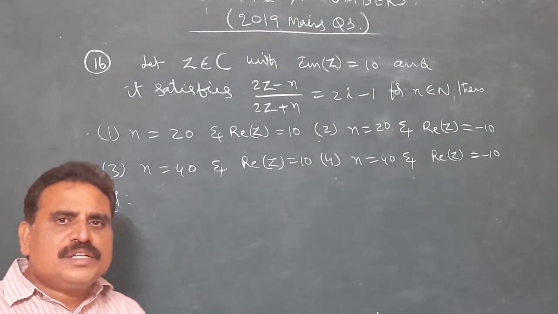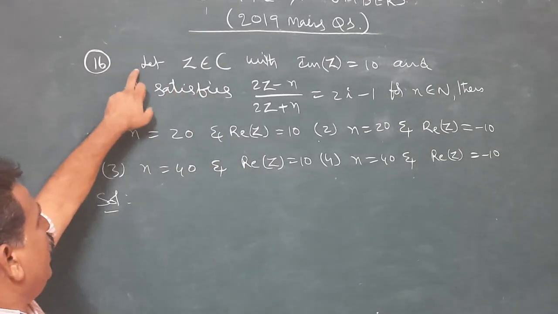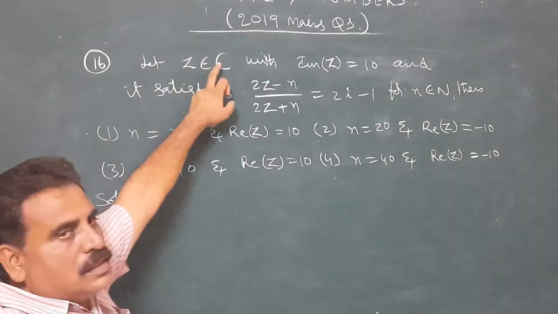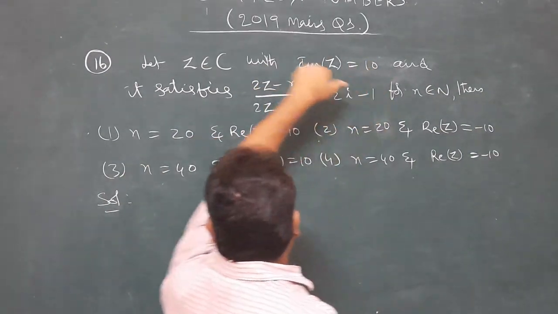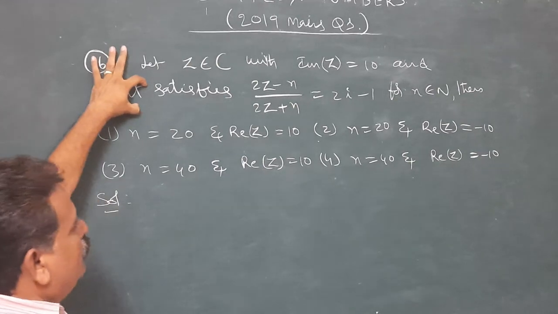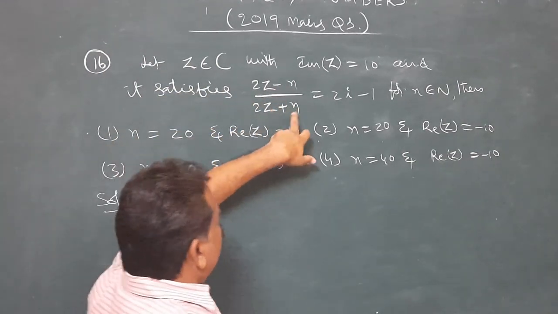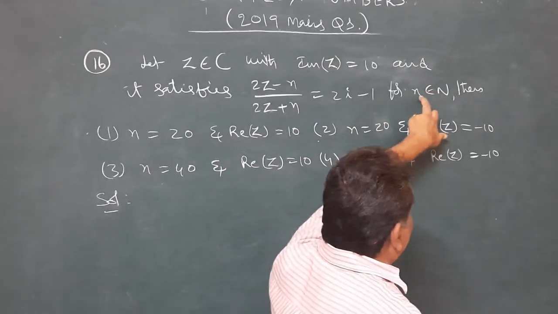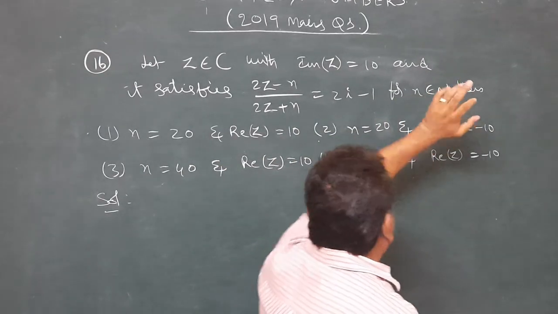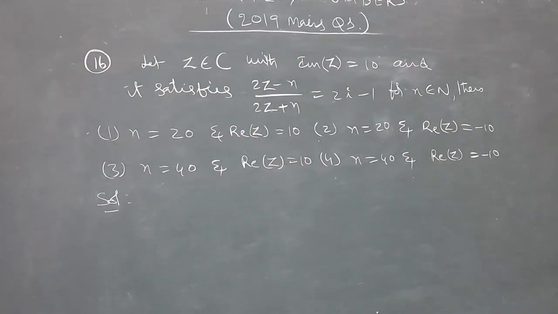It is the last question in complex numbers. 16th question. Let z belong to C with imaginary part of z equal to 10, and it satisfies (2z minus n) by (2z plus n) equal to 2i minus 1, for some n belonging to natural numbers. Then find the values of n as well as real part of z.